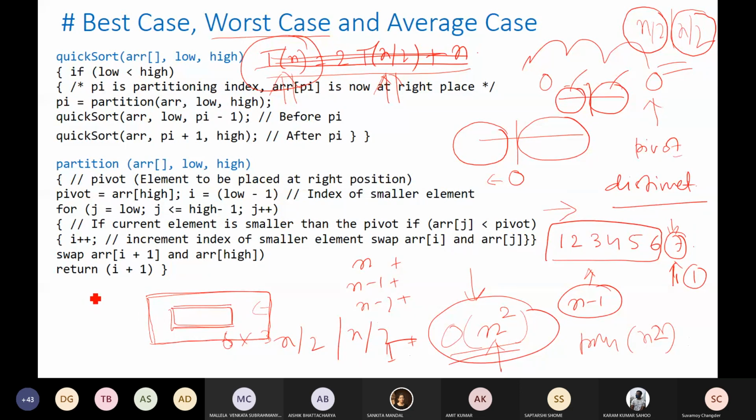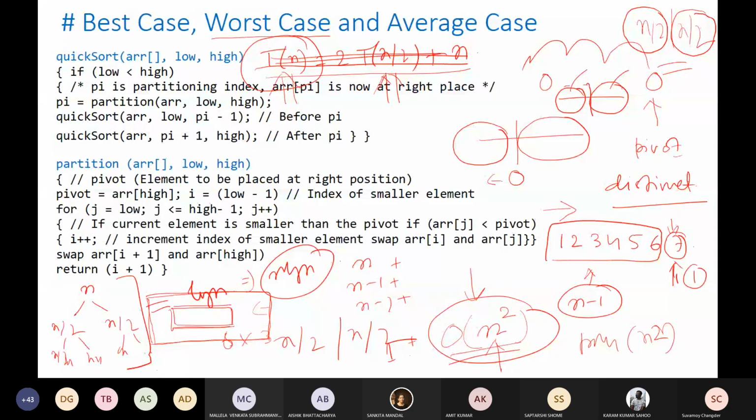So if we go on dividing, we will get a tree like this: n by 2, then again n by 4, n by 4, and so on. You can find that the height of the tree is log n, and the time complexity for this is n log n. So what is the meaning of best case?